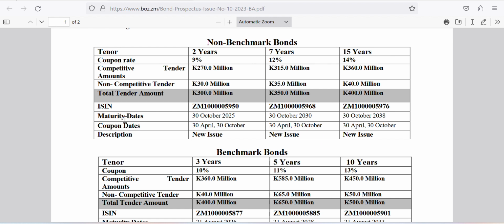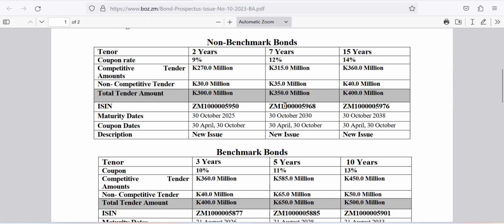So this is the length of time that the Bank of Zambia, that the government of the Republic of Zambia in this particular case, will borrow your money. The period of time that you will lend money to them, the period of time that they'll have that money. Okay, so this is what the term of the bond is.